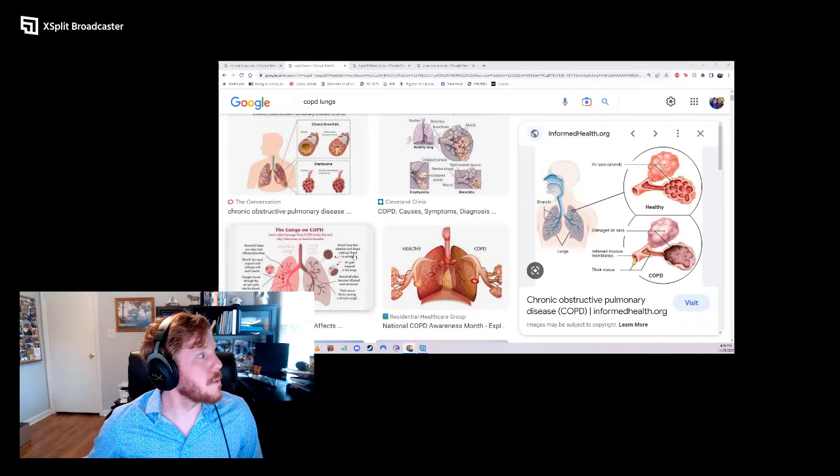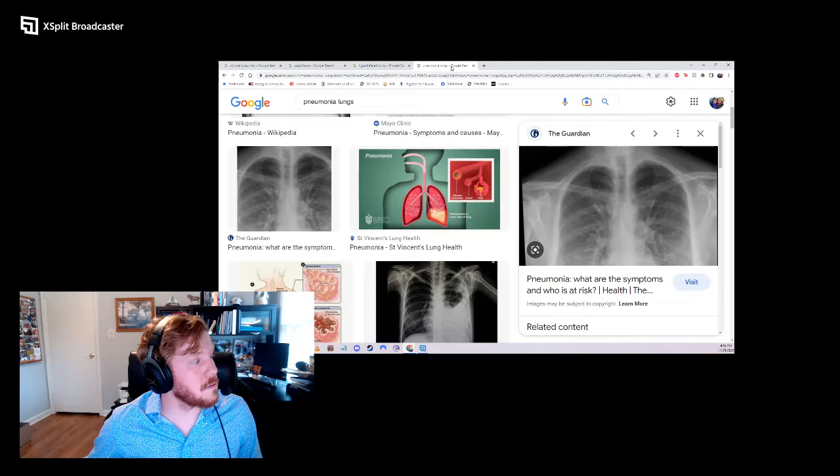If their symptoms get too bad or worsen and they can't get that mucus out, they can develop a pneumonia. This is where there are a lot of infiltrates and a lot of white haziness that affects the lungs themselves here.